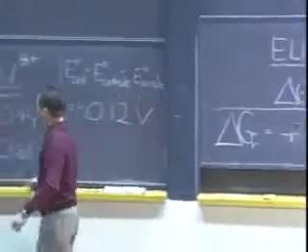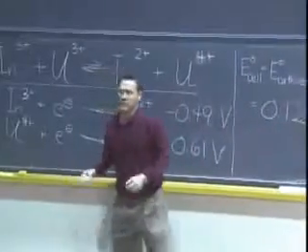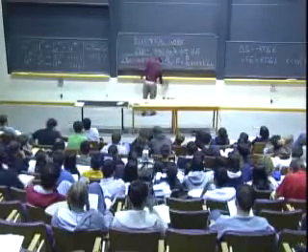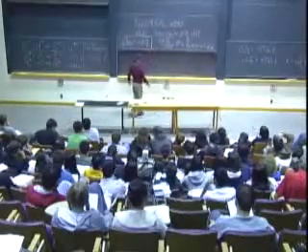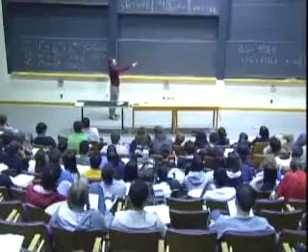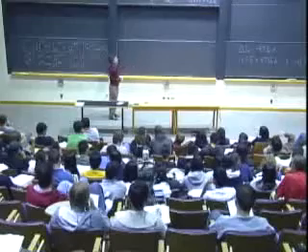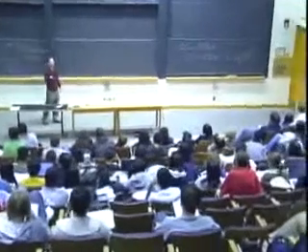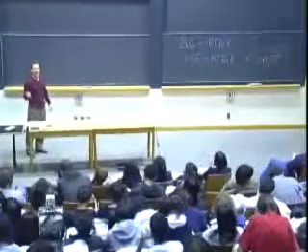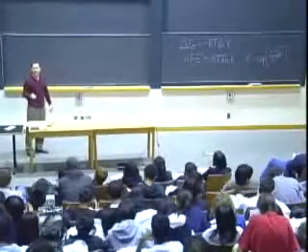And we will now go ahead and talk about another relationship that we can get. Over there, I was able to give you that relationship between equilibrium constant and standard cell potential by remembering something from chemical equilibrium.